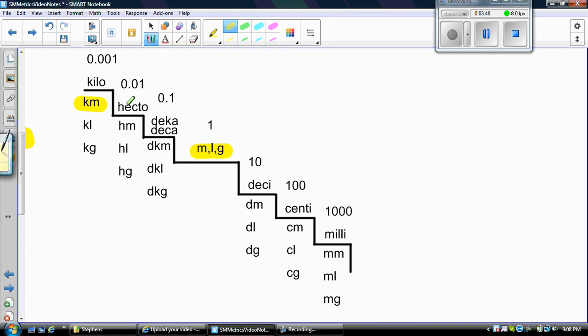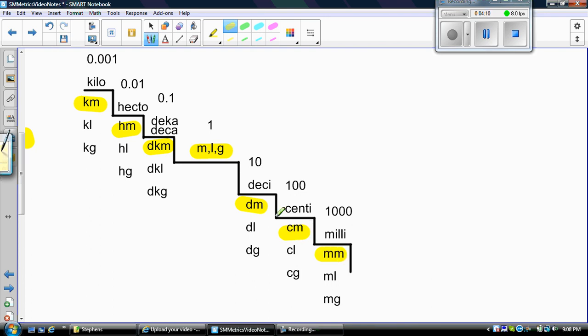Hecto is slightly smaller than kilo, okay, and then deca, and then, like I said, then we go to deci, centi, milli. Now, if you notice underneath, depending on what we're measuring, for measuring distance, then we'll use the kilometers, the hectometers, the decameters, the meters, decimeters, centimeters, and millimeters.